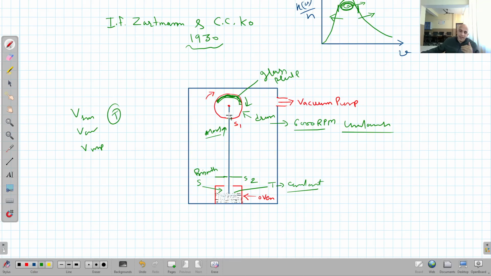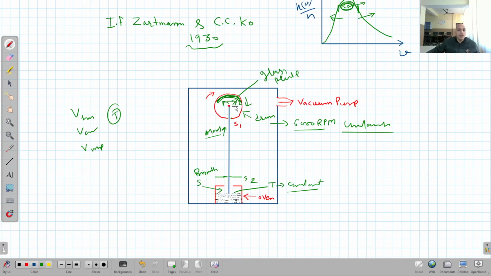Once the atoms enter here, they travel toward this side. Those atoms which are very fast will immediately reach here, but those which are slow will take time. During that time, this drum would have turned toward this side. It means the fast atoms will reach here first, and the slow atoms will reach here.